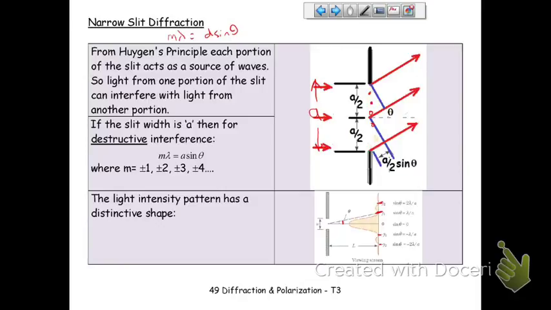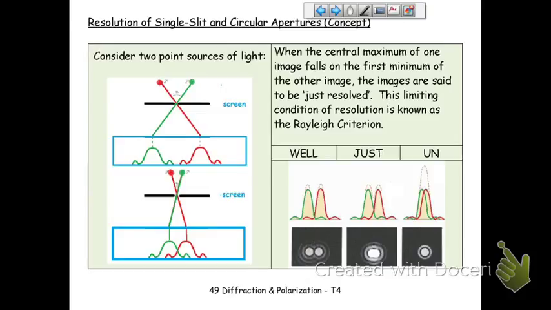I'll ask you, if m increases, what happens to a, or if a decreases, what happens to m. So be able to pull apart this equation, but I don't tend to ask you values for theta. I leave that for interference. Okay? That makes sense? There are some homework questions, and I think there's a bit of an issue with it.